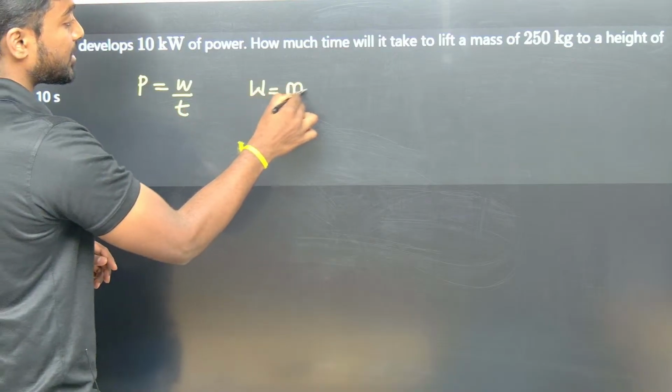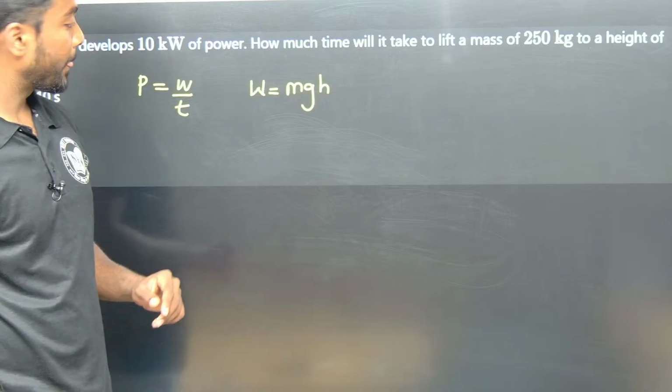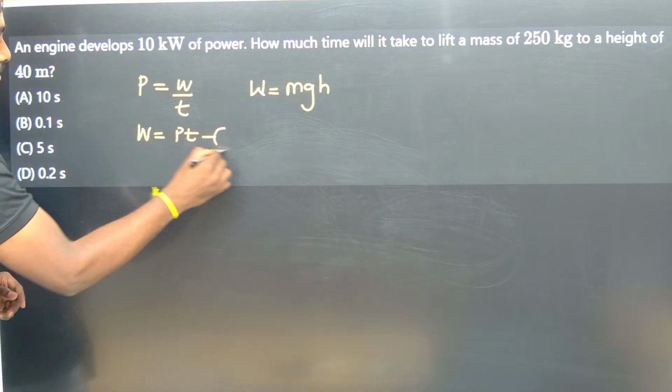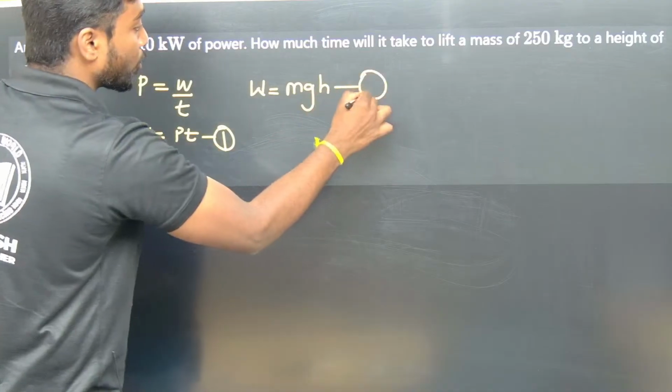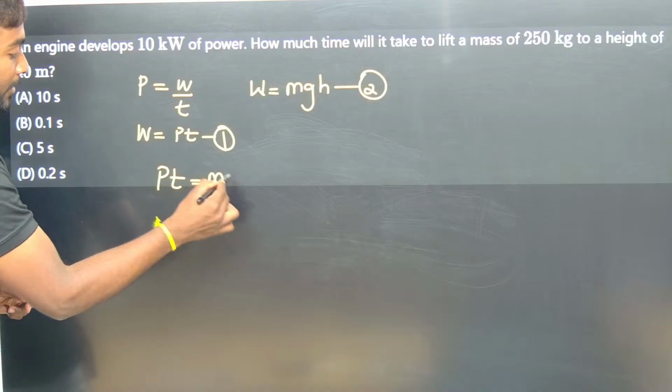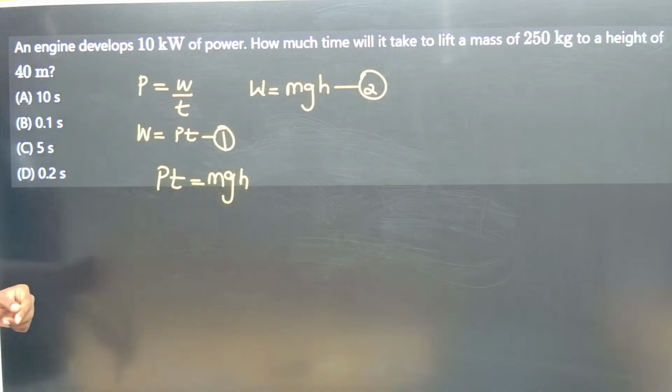It is mgh. So can I write W equals PT, which is equation 1, and this is equation 2. From equation 1 and 2, power into time should be equal to mass into gravity into height.